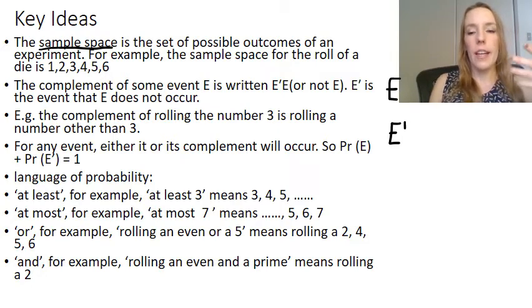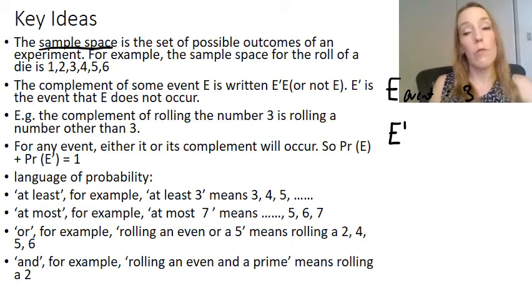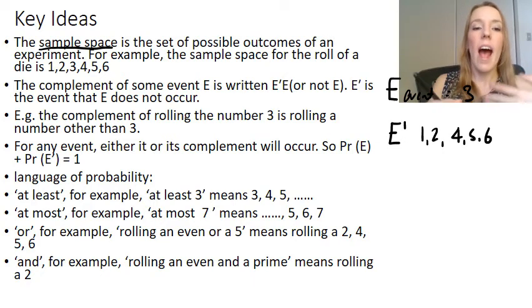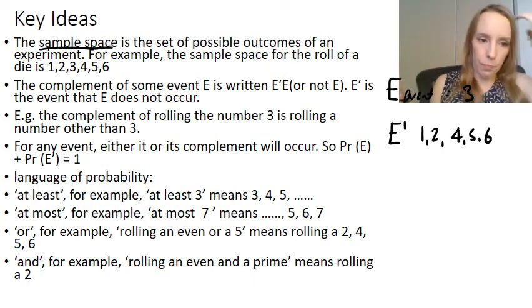E is the event, and the complement is anything but that event, so the opposite. For instance, if your event was rolling a 3, the complement of rolling a 3 would be rolling a 1, a 2, a 4, a 5, or a 6. So all the other outcomes where that event doesn't occur.